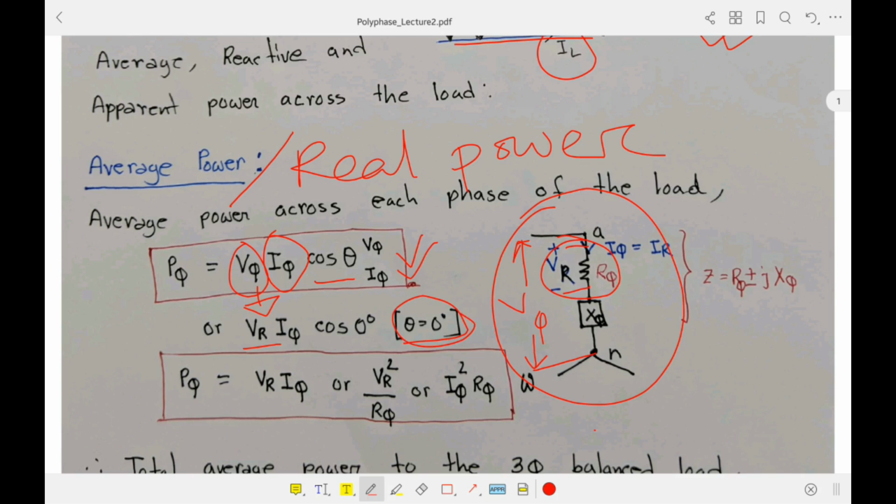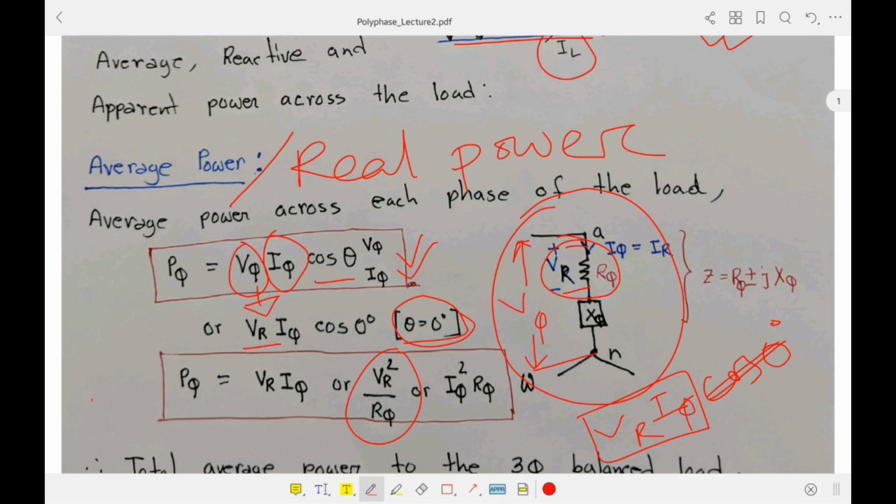So now the equation appears as VR, then I phi, and then cos 0 degrees. You know that cos 0 degrees equals 1. So the equation appears as VR times I phi, and then I can write I phi equal to VR over R phi. So then it will appear as VR squared over R phi.